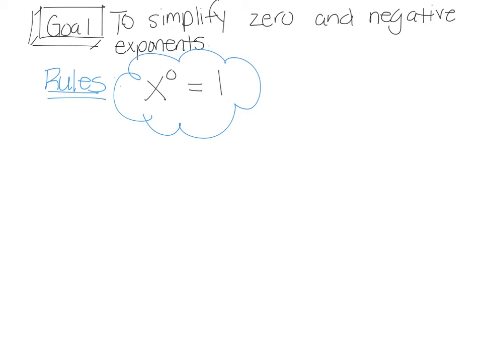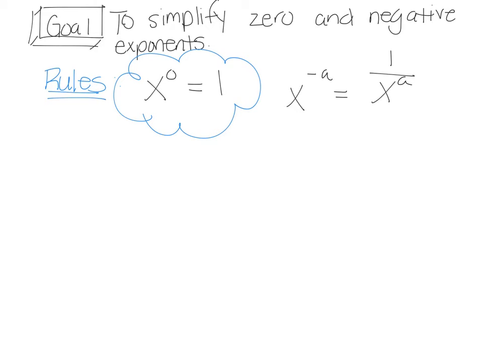Alright, now the other rule is this. Anytime you have a base and then the exponent is a negative number, like a to the negative n, and that could be any number, it is the same as 1 over that base to the same exponent.